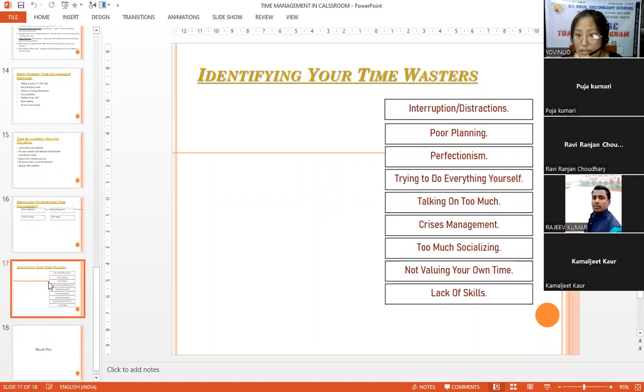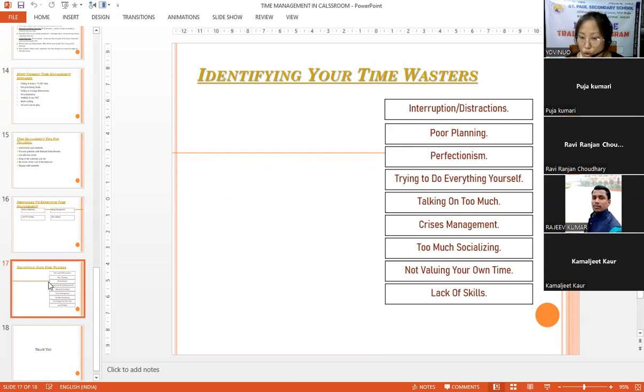Identifying your time wasters: interruptions or distractions, poor planning, perfectionism, trying to do everything yourself, talking too much, crisis management, too much socializing, not valuing your own time, and lack of skills.